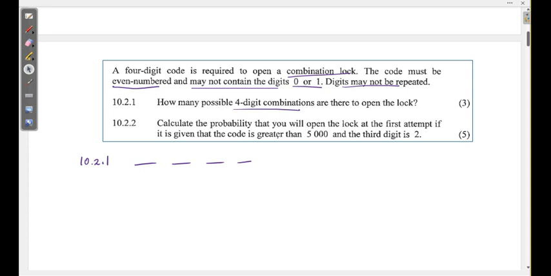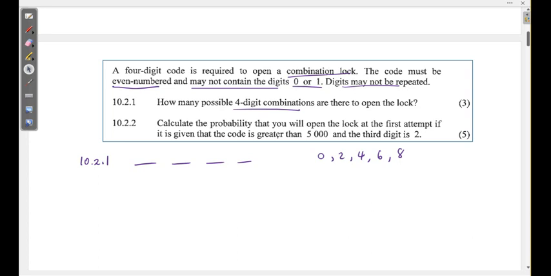We shall then say, okay, for the first one, remember the restriction says that the code must be even numbered. The even numbers that we have is what? 0 is an even number, right? 0, 2, 4, 6, 8. Right.